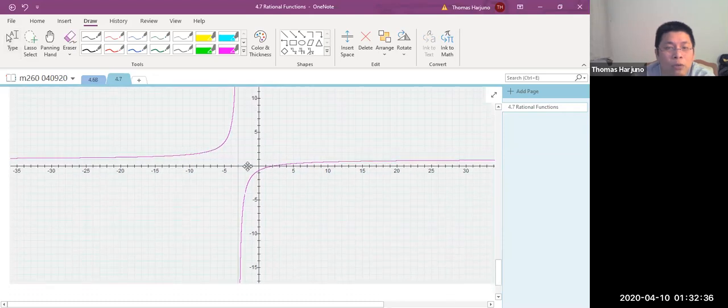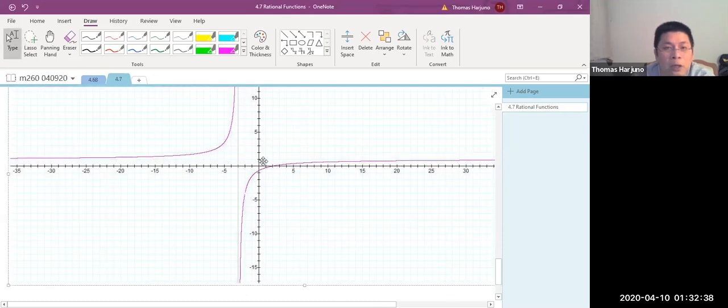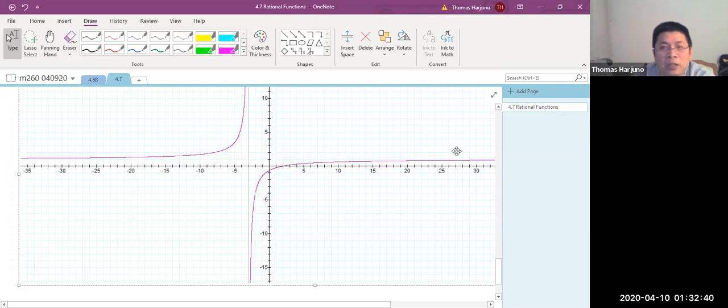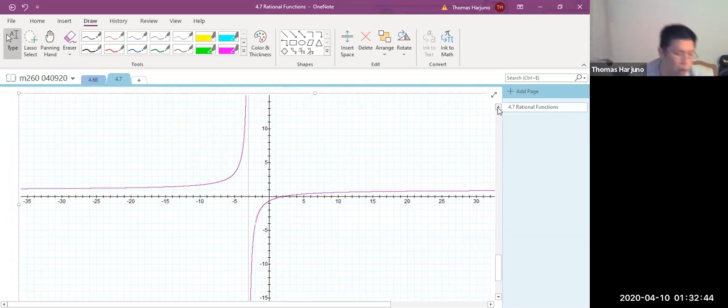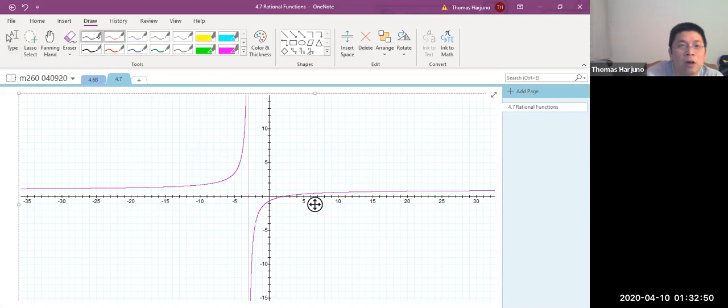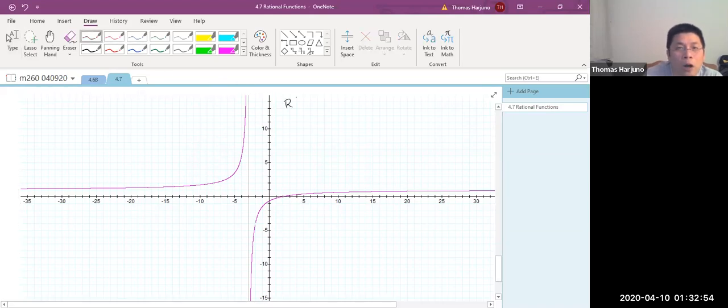Now I want you to see that this graph here is actually the same graph as our R star of x. This is the graph for R(x), which is x squared minus 4 over x squared plus 5x plus 6.